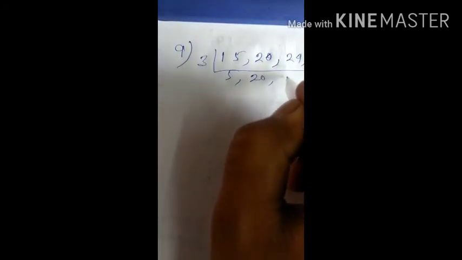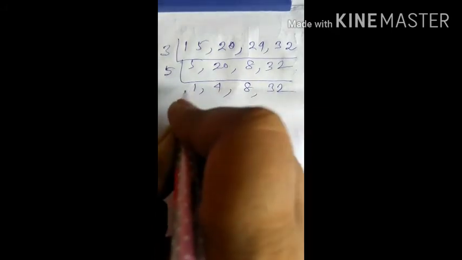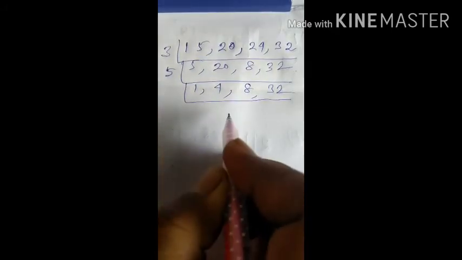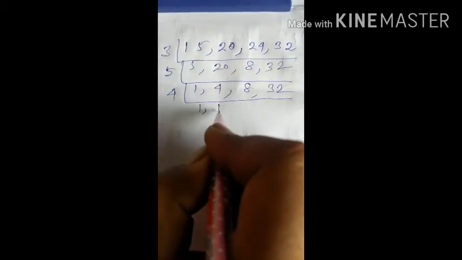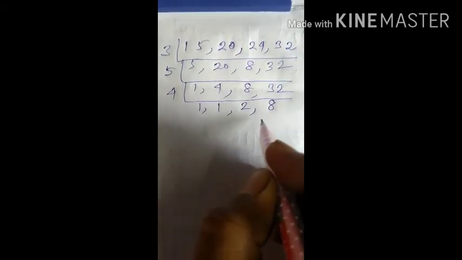So first 3 5s are 15, 20 will remain the same, 3 8s are 24, 32 will remain the same. Now 5 1s are 5, 4 5s are 20, 8, 32. Now 4 1s are 4, 4 2s are 8, 4 8s are 32.